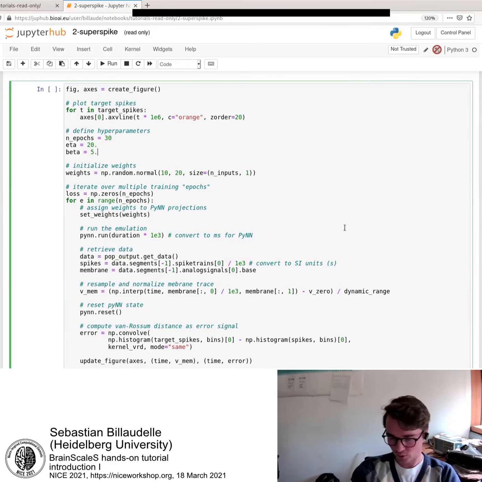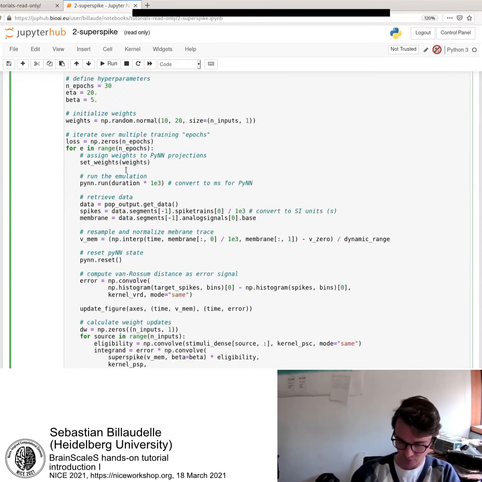For each epoch or for each trial, our data set consists of only one data point. So an epoch is one batch of one input, one stimulus. So we set the weights, execute the experiment, retrieve the data from our network, and specifically the spikes and the membrane potential.